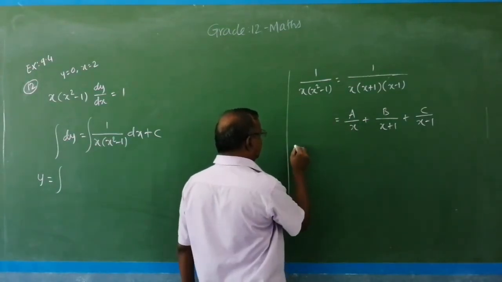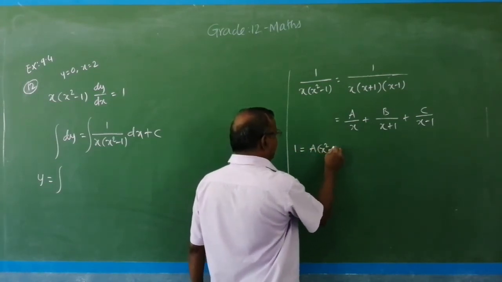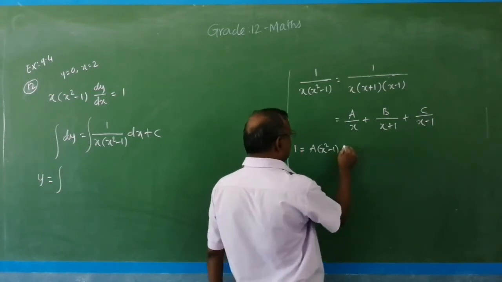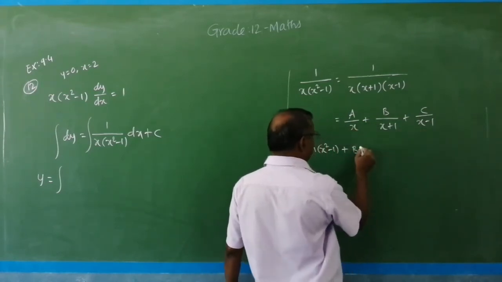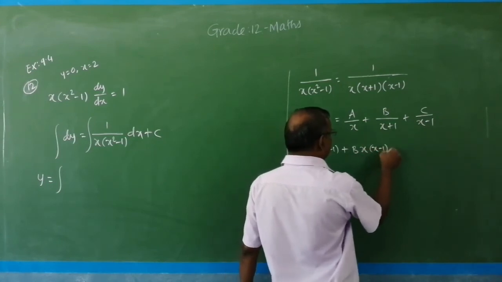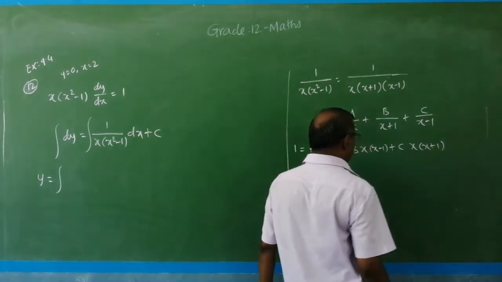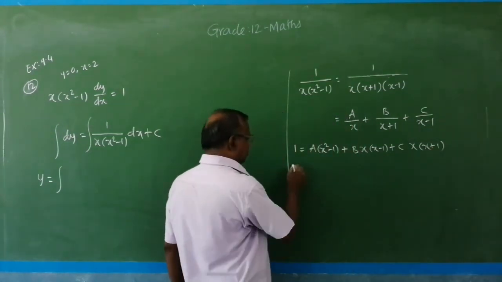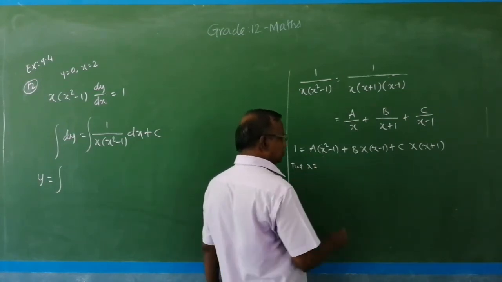Equating the numerator, we have 1 equal to a into x square minus 1, that is x plus 1 into x minus 1, plus b into x into x minus 1, plus c into x plus 1. Put x equal to 1.